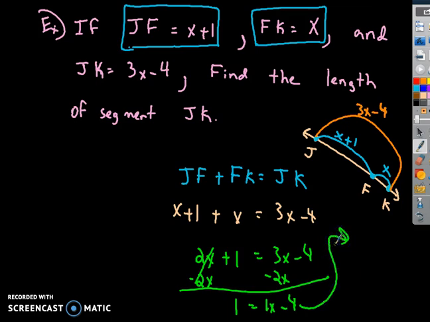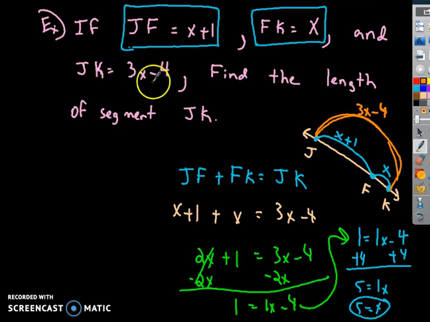All right, I'm just going to rewrite that over here so I have more space. So I have 1 equals 1x subtract 4. Add 4. 5 equals 1x. 1x is the same as x, so 5 equals x. Now, the original problem asks us to find JK.